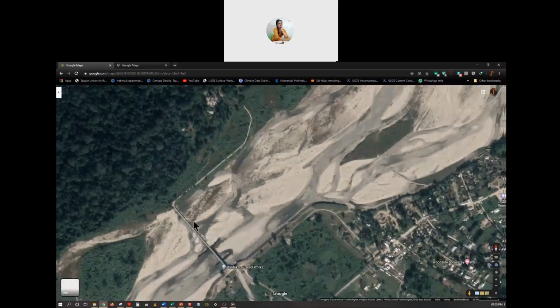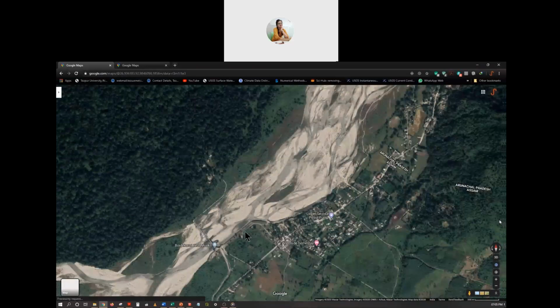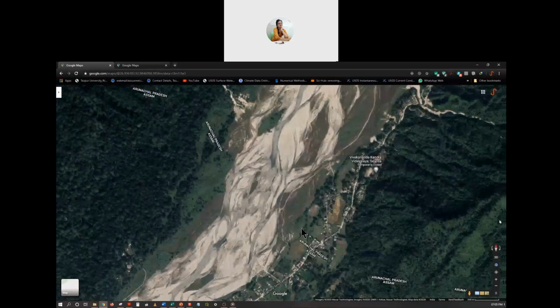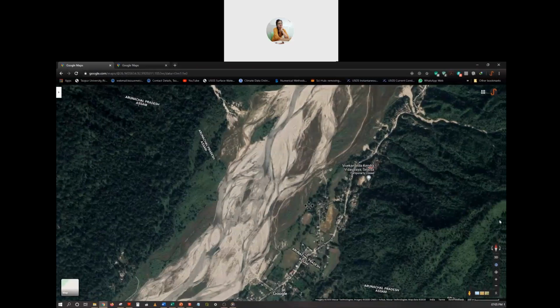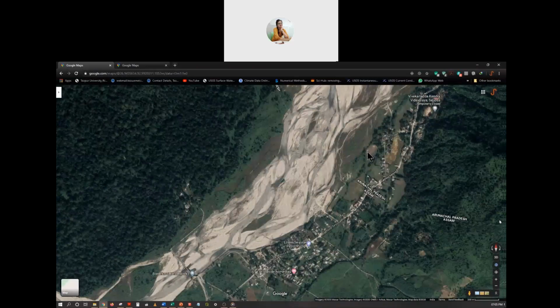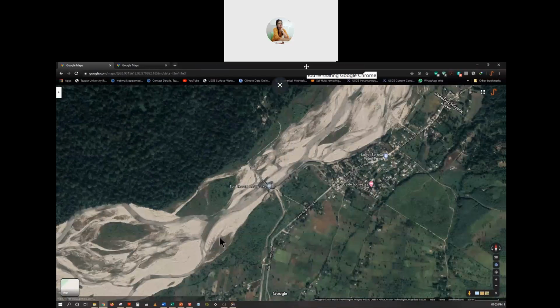Therefore, to protect the nearby area, we provide an embankment along the river bank to a certain length. How much length is required? That will depend on the topography. If the river banks are already very high, then that embankment may not be necessary. So this is that embankment here.